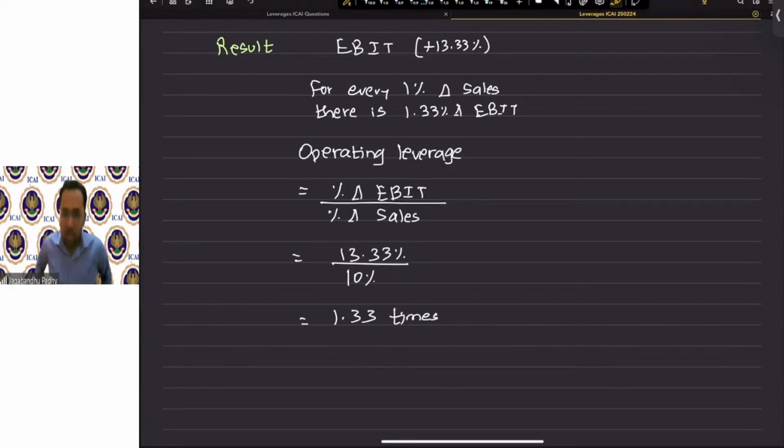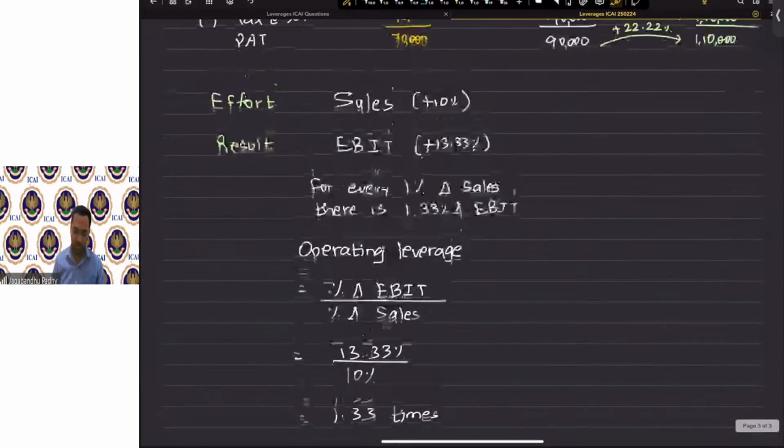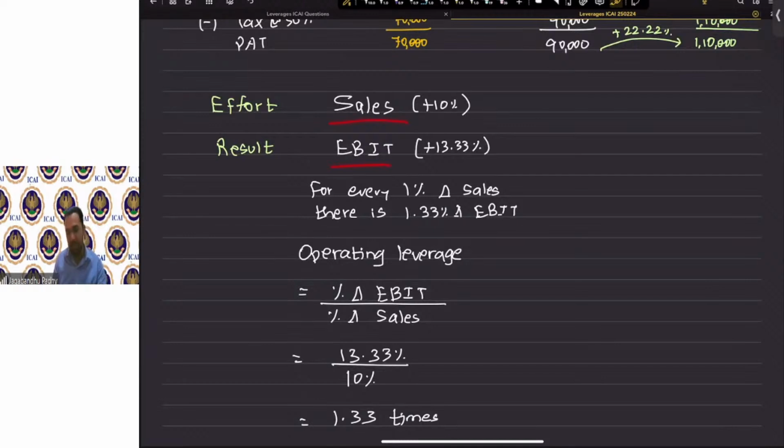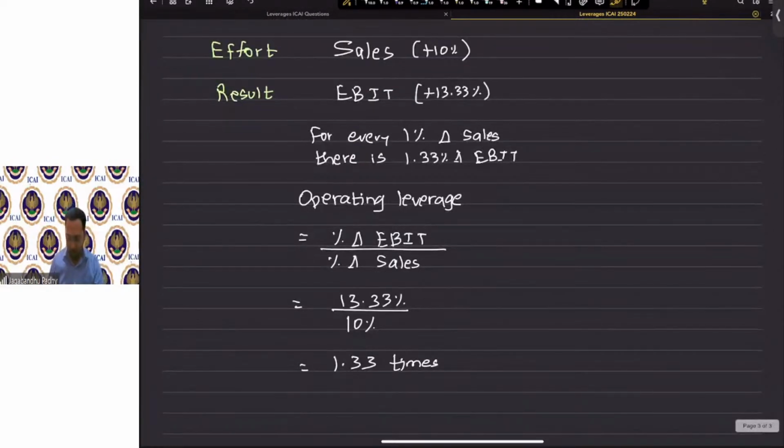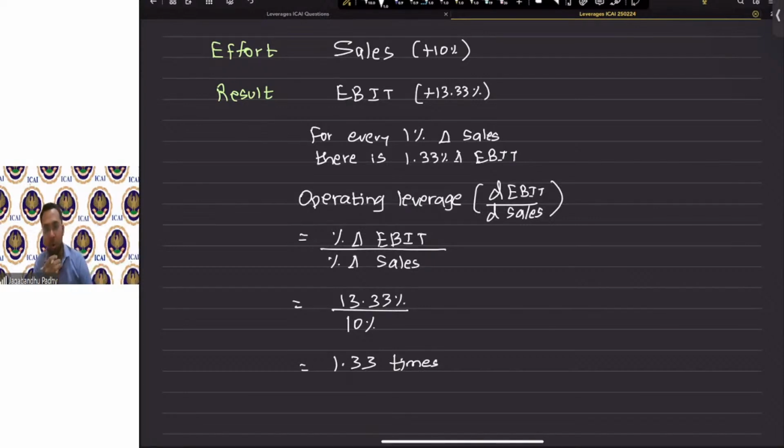So when we are connecting sales with EBIT, we are talking of operating leverage. We also call it a derivative of EBIT with respect to sales. This is simply the change in EBIT due to change in sales. So is this operating leverage good or bad?